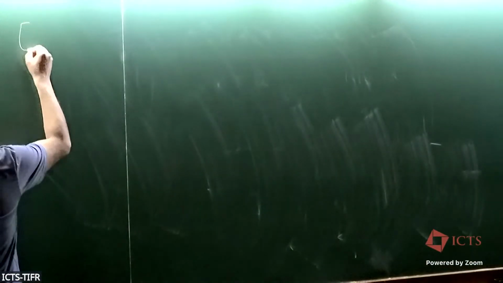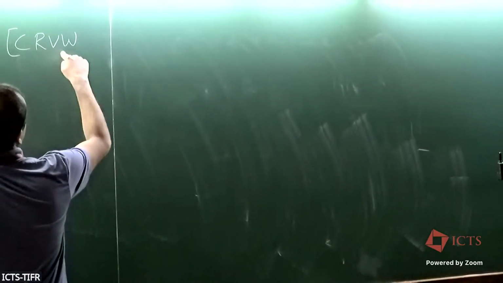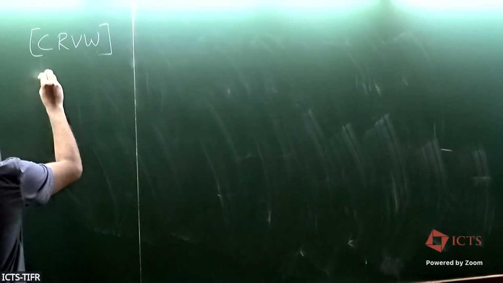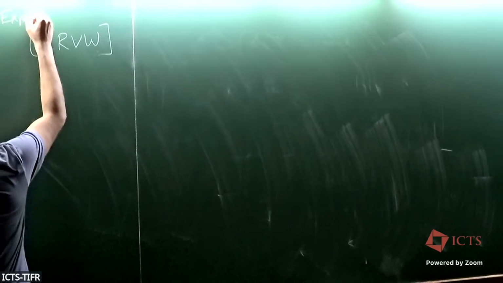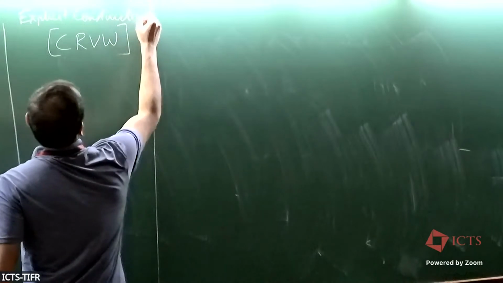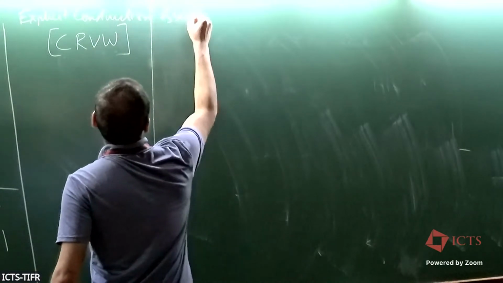The original construction was by CRVW, Capalbo, Reingold, Vadhan, Wigderson, using a variant of the zigzag product. And this was the explicit construction of such extreme expanders.